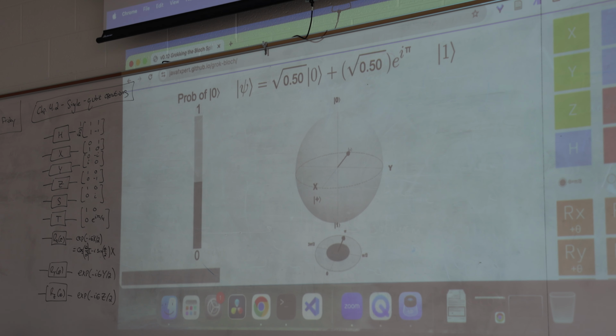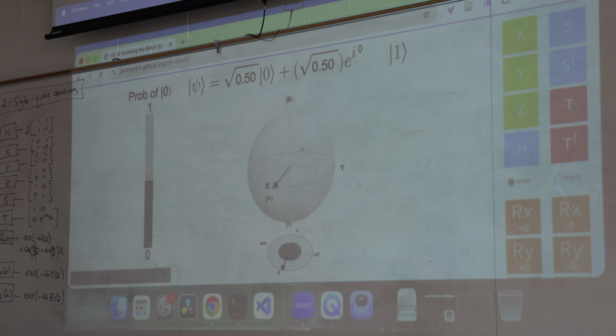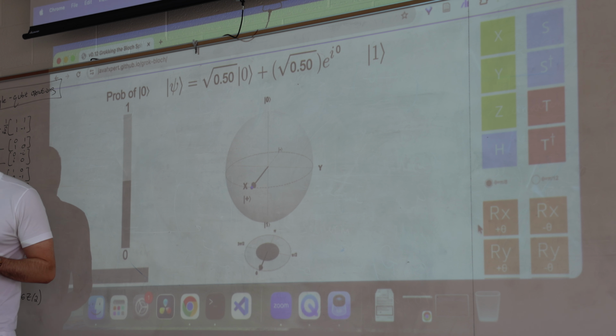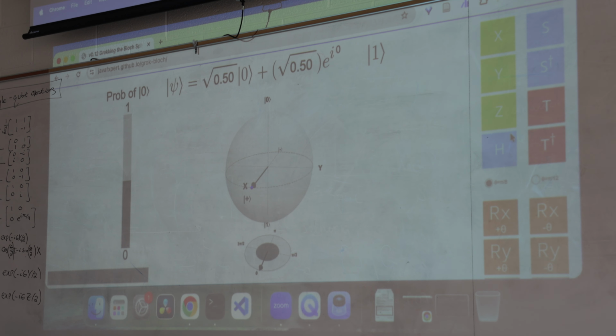So let's suppose that I didn't have access to any of these Rx, Ry, or Rz of theta gates. In other words, I have a discrete gate set. I'm not allowing myself any angle theta, but I'm only allowing myself, for example, these discrete rotations, Hadamard, S, and T, and then I could include the Pauli gates as well.